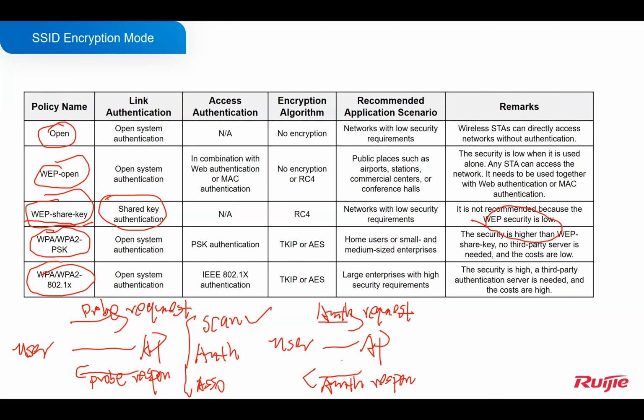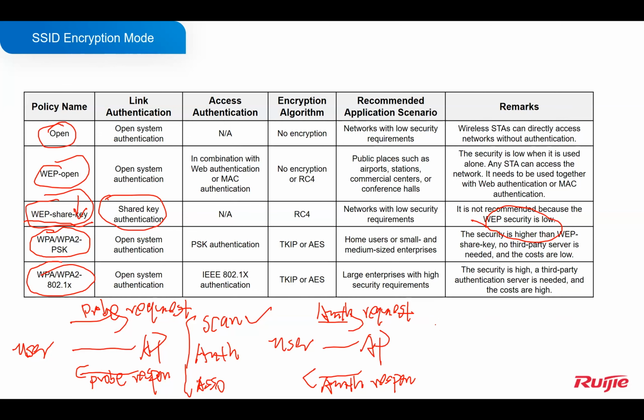Of course, for the user and AP, if we use the WEP shared key for the encryption mode, our user will send data which is encrypted by the shared key, but the key is a static key. We use the static key to encrypt a random number, and the result is sent to the AP. The AP receives the result, uses its key to encrypt the random number, and compares it with the result.